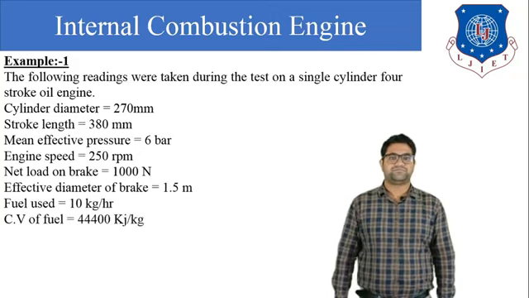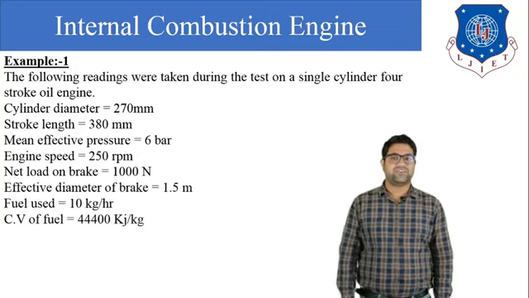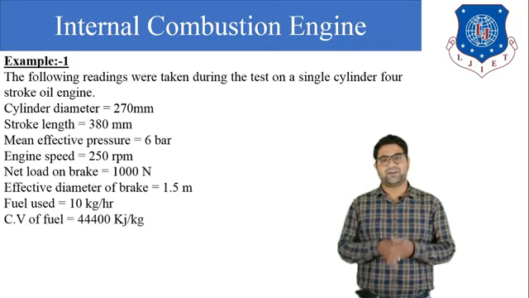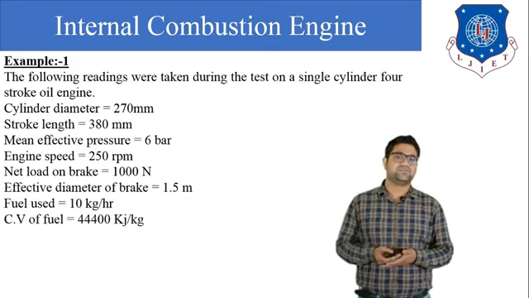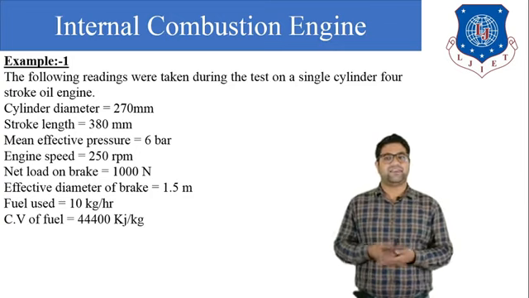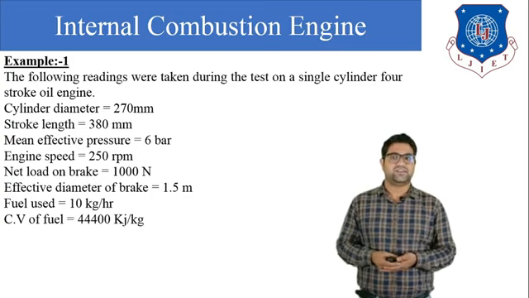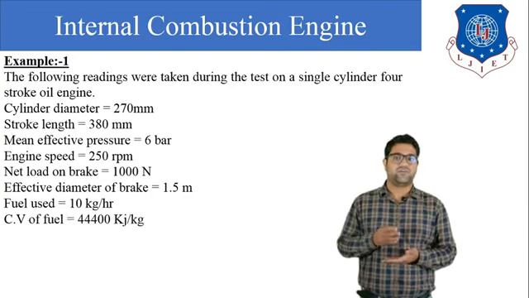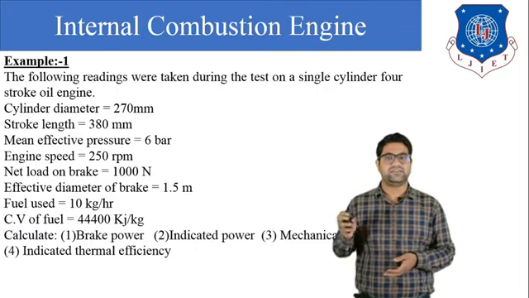Next, the effective brake diameter is 1.5 meter, and the fuel used is 10 kilogram per hour. Next, the calorific value of the fuel is 44400 kilojoule per kilogram. So this data is given.